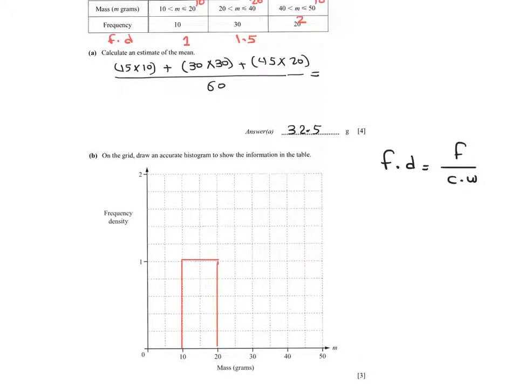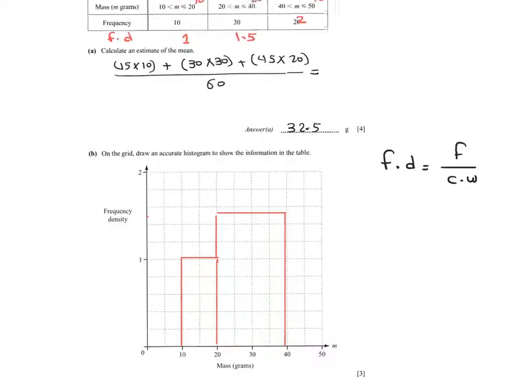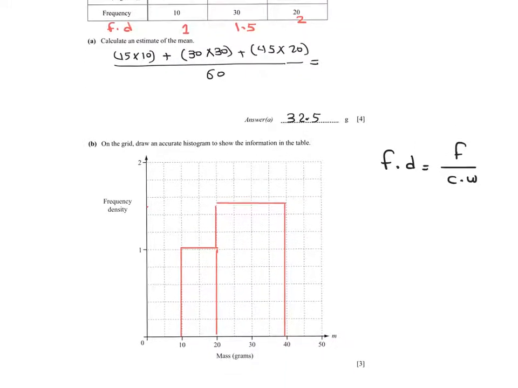Let me draw. This is the second group from 20 to 40 and the height 1.5. The last group is from 40 to 50 and the height is 2.